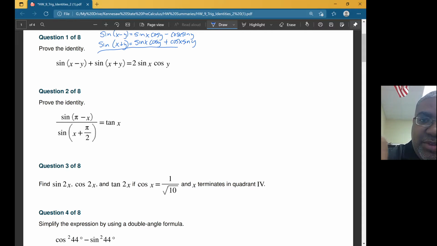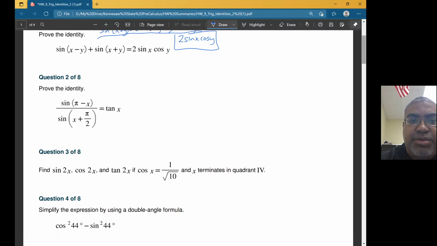If we add these two together, the negative cosine x sine y and the positive cosine x sine y cancel out. I'm left with sine x cosine y plus sine x cosine y, which is 2 sine x cosine y. That one's pretty straightforward. That's just knowing the identities.